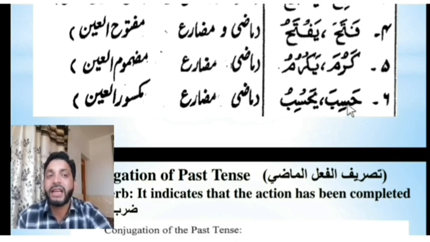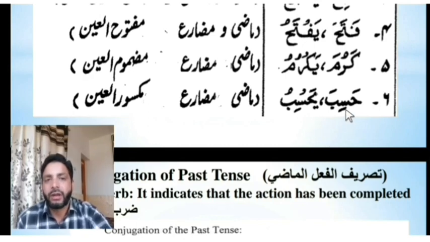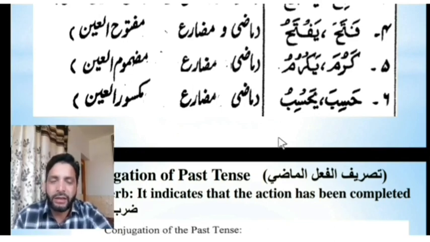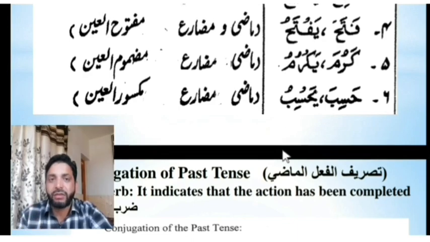So we can say the ain kalima sin is maksur in mazi, hasiba, and in muzari, yahsibu, this sin ain kalima is also maksur. So both mazi, muzari, maksur ain. Both in mazi as well as in muzari, we find that this balance, the sixth balance, hasiba yahsibu, is maksurul ain. So these were the six balances, six abwab of sulasi mujarrad, primitive unaugmented trilateral verb.